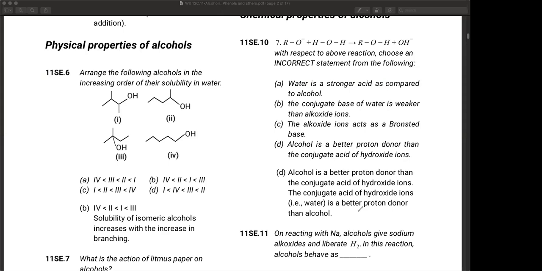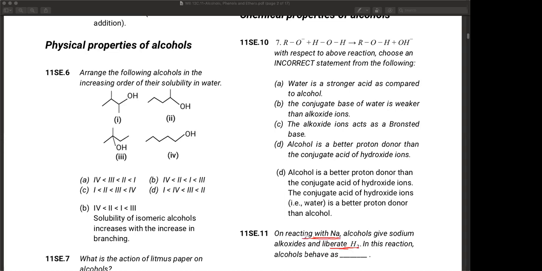Very nice. Amala got it. Jasleen, you're right, but specifically, you can mention, yeah. Now we got it. So, keywords: liberate H2 on reaction with Na.